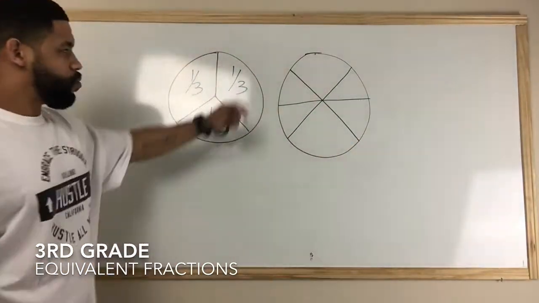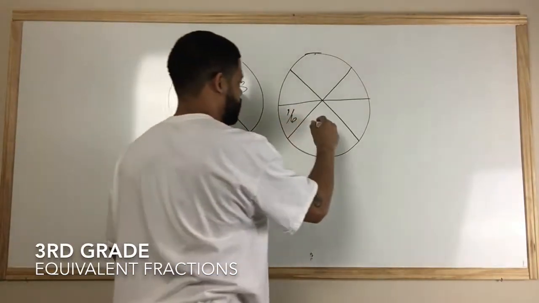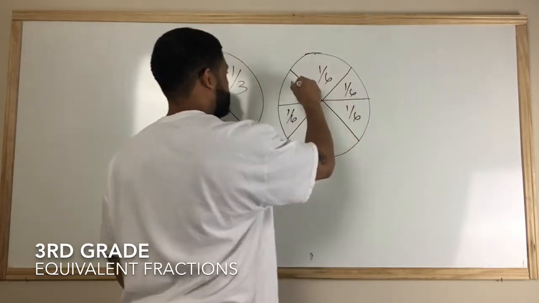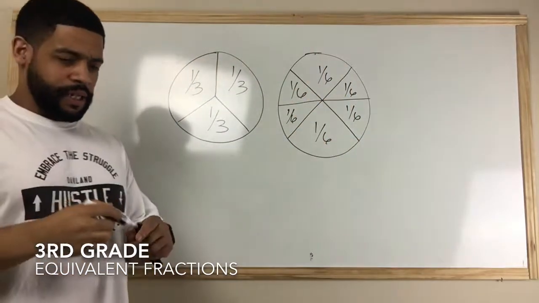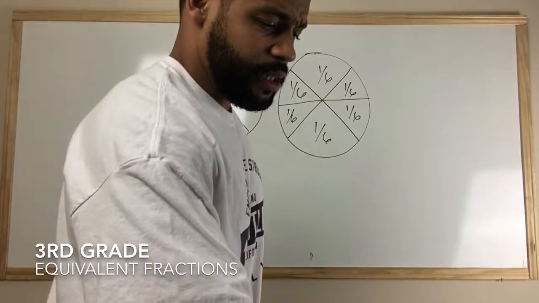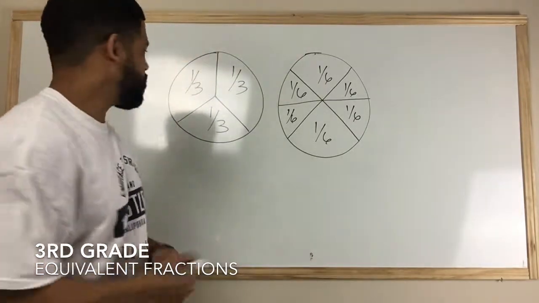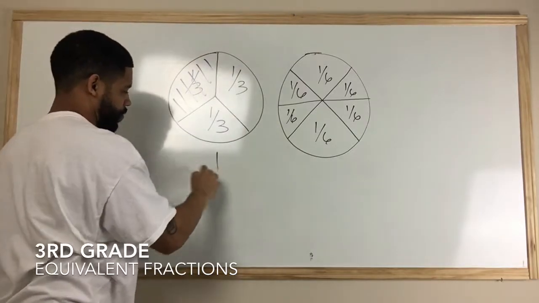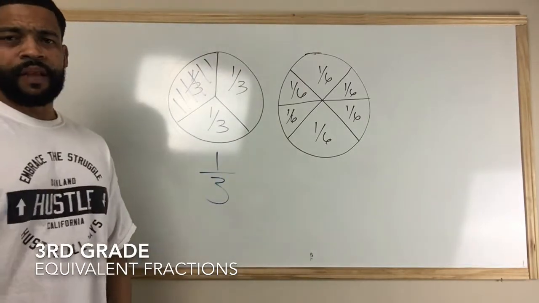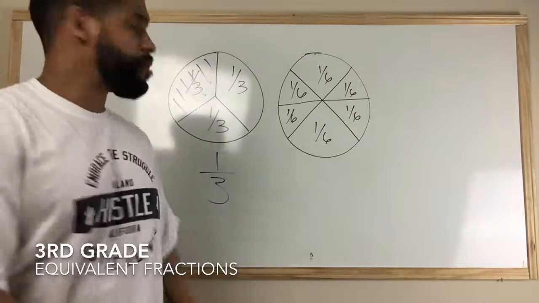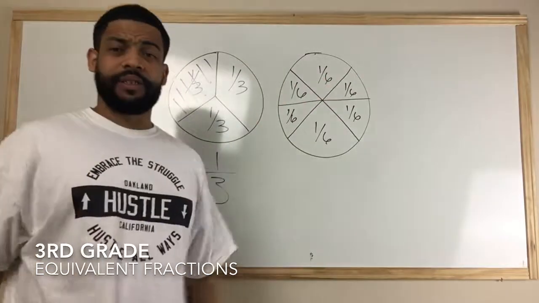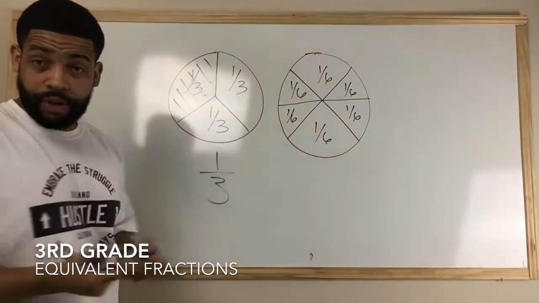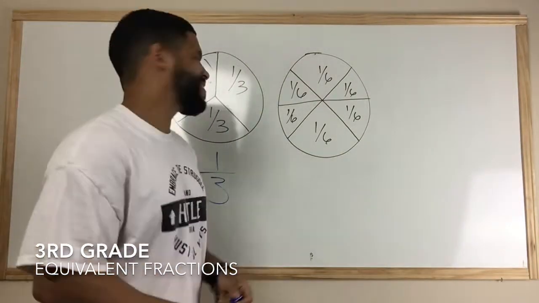So this is 1/6, 1/6, 1/6, 1/6, 1/6, and 1/6. Now let's take these 1/3 pieces, and I'm going to shade in one of those. So I have 1/3. Now I want to see how many 1/6 size pieces it's going to take to represent the same amount of value as 1/3.